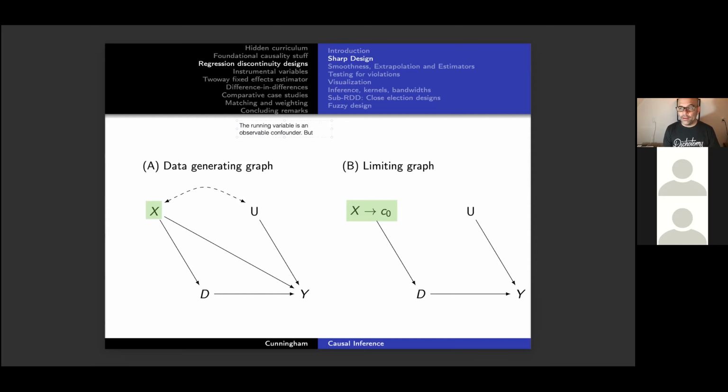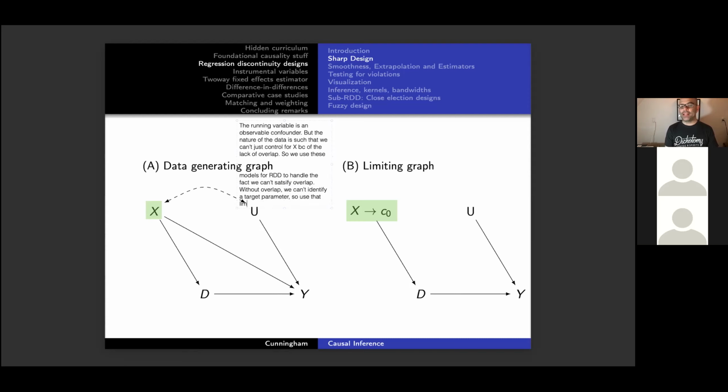But the nature of the data is such that we can't just control for X because of the lack of overlap. So we use these models for RDD to handle the fact we can't satisfy overlap, right? Because without overlap, we can't identify a target parameter.